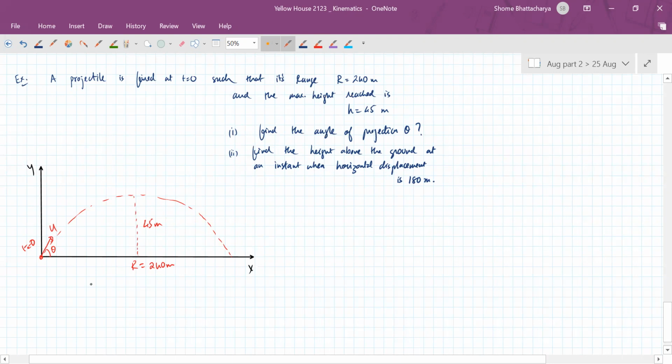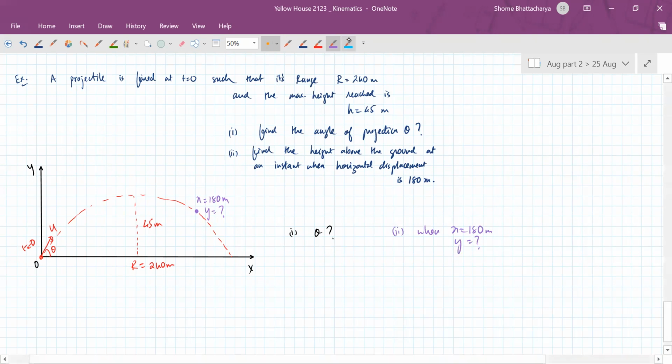From that, the two things we have been asked to find out are the angle of projection, and, at some instant when the x coordinate has become 180 meters, the height from the ground. That is, when x is equal to 180, what is the value of y? That is what we have to find.